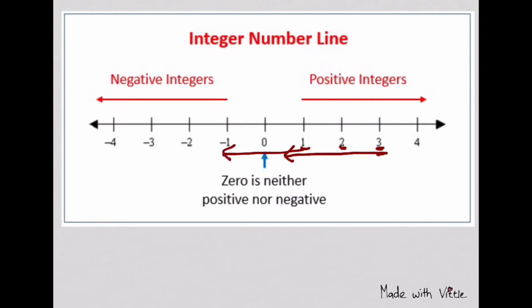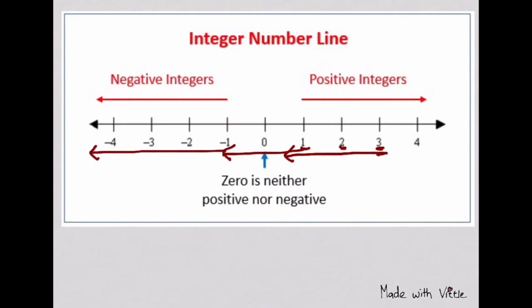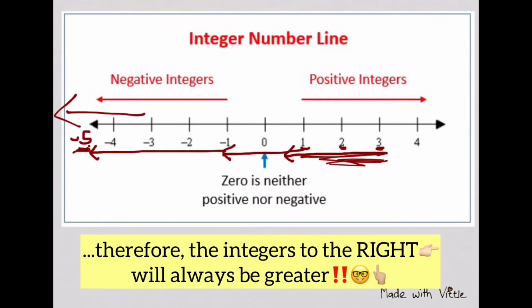So that means everything to the left is always lower than the ones on the right. And as I go farther here to the left, those numbers, the negative numbers, are getting even smaller. Why? Because like this -5, it is farther from the positive numbers now. So it gets smaller going to the left side with your negative numbers.